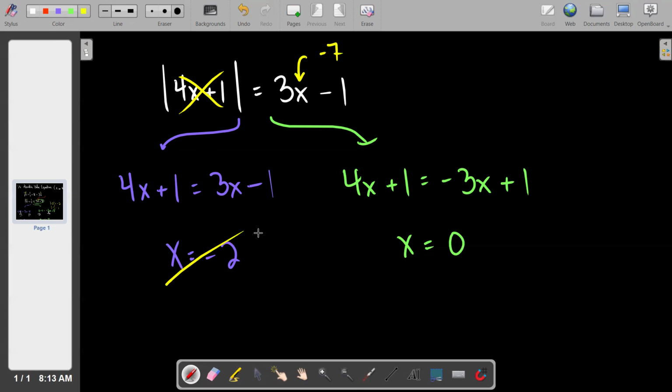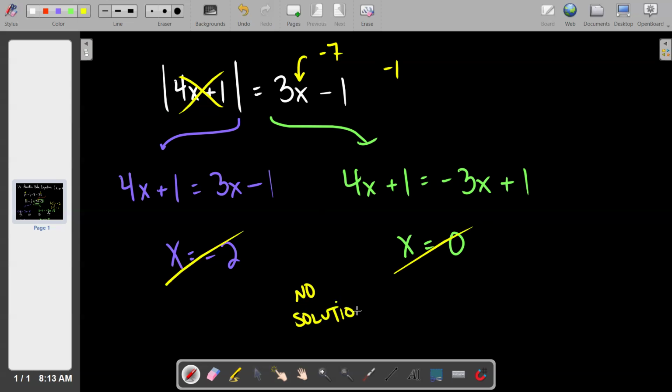Again, I don't care what's in the absolute value because it's just never going to work at this point. And if I put in 0, the same logic kicks in. I just worry about this one over here. What's 3 times 0? And 0 minus 1 ain't going to happen. The absolute value, you could spend 1,000,000 human lifetimes trying to find that number whose absolute value is negative 1. It ain't going to happen. So therefore, this one has no solution.